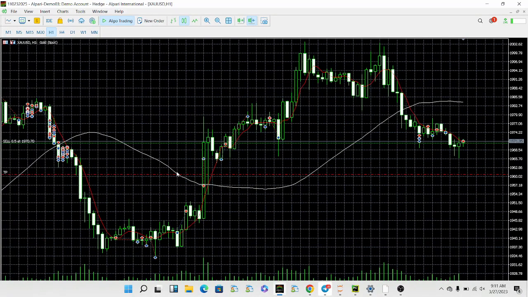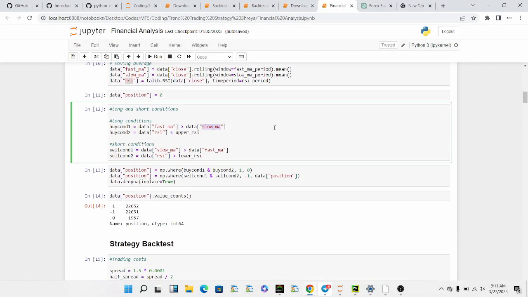If our 5 SMA is lower than the 50 SMA, which it currently is, we should go into a short position. But if this value is higher than this value, we should go into a long position. This is the exact values that they gave us here.